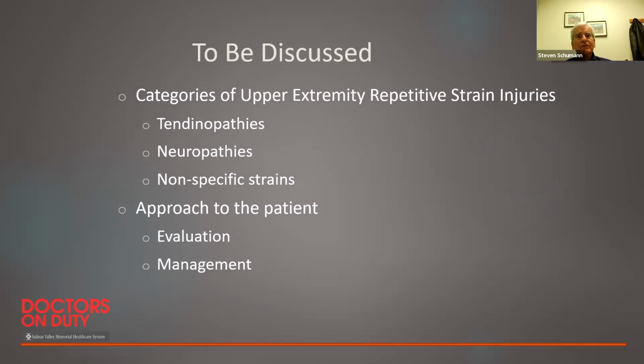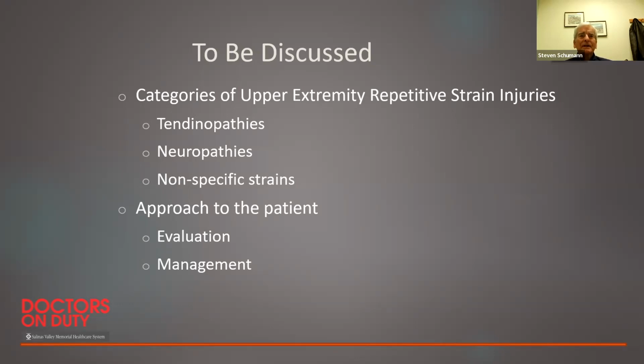So in terms of repetitive strain injuries, cumulative trauma, upper extremity, and this is generally elbows and distally, it's not shoulders. There are the tendinopathies, those conditions that have to do with tendon problems, and neuropathies, where there's a neuropathic problem.